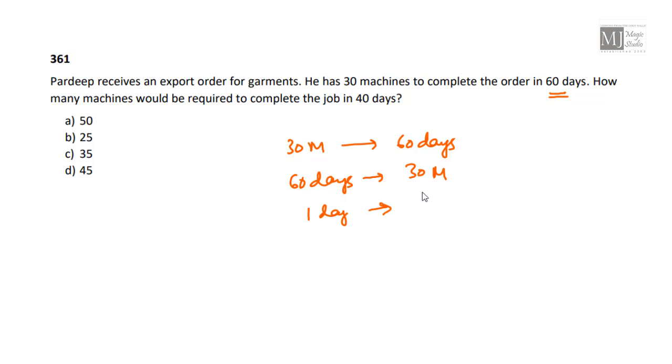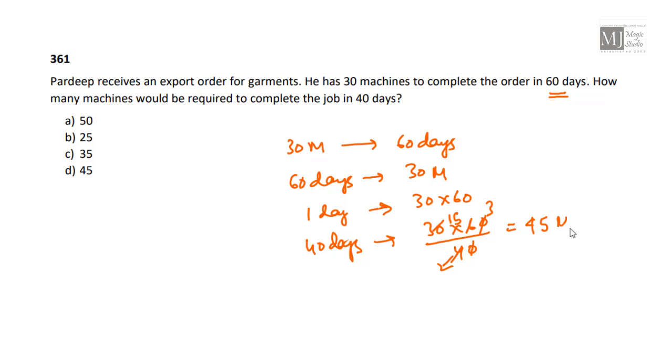And to complete the job in 1 day, unitary method we are using, 30 into 60 machines. And if he wants to complete the job in 40 days, machines required would be 30 into 60 by 40. 2, 3, 15. 15 into 3 is 45. He requires 45 machines so that work is completed in 40 days.